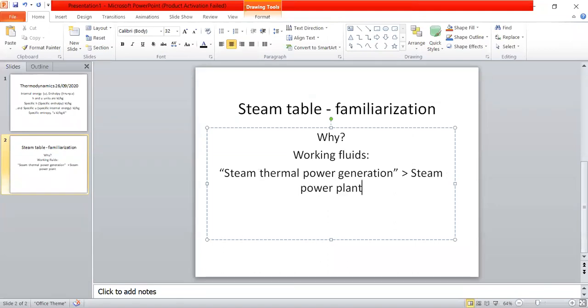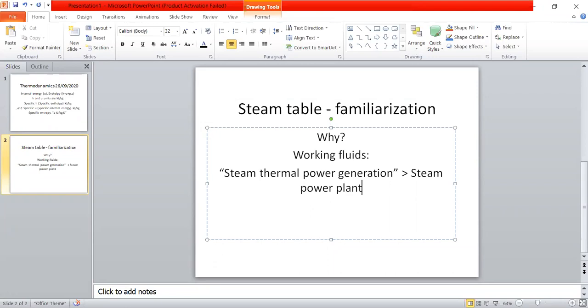Okay, so what really works, even though you are working in a power plant, is the steam, even in a power plant. There are so many engineers and so many technologies working there, but the steam makes the power generation.